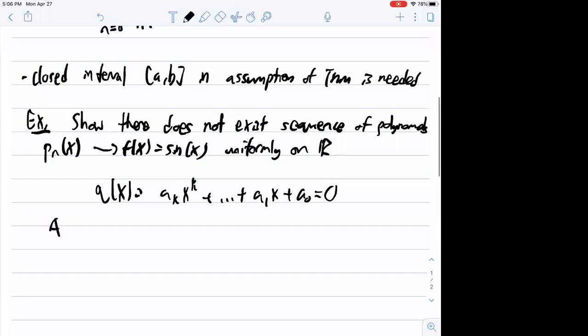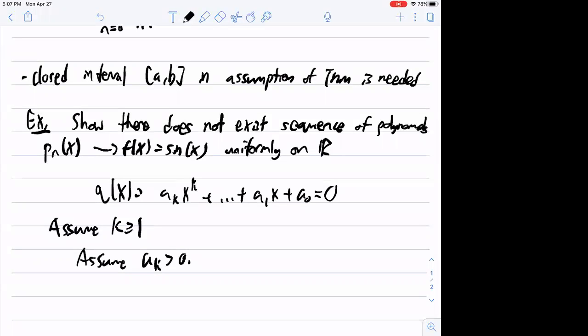Let's assume k is bigger than or equal to 1, so it's not constant. And let's assume a_k is positive. Without loss of generality, we could assume a_k is not 0; it's either positive or negative, because if it was 0, I would have just written a_{k-1} x^{k-1}.